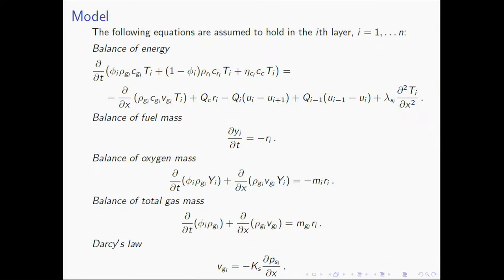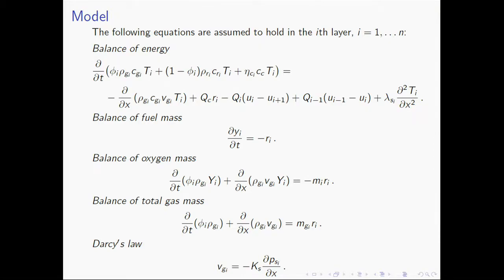We have these equations. The following equations are assumed to hold in each layer: one for the balance of fuel mass, balance of oxygen mass, balance of gas mass, and Darcy law.